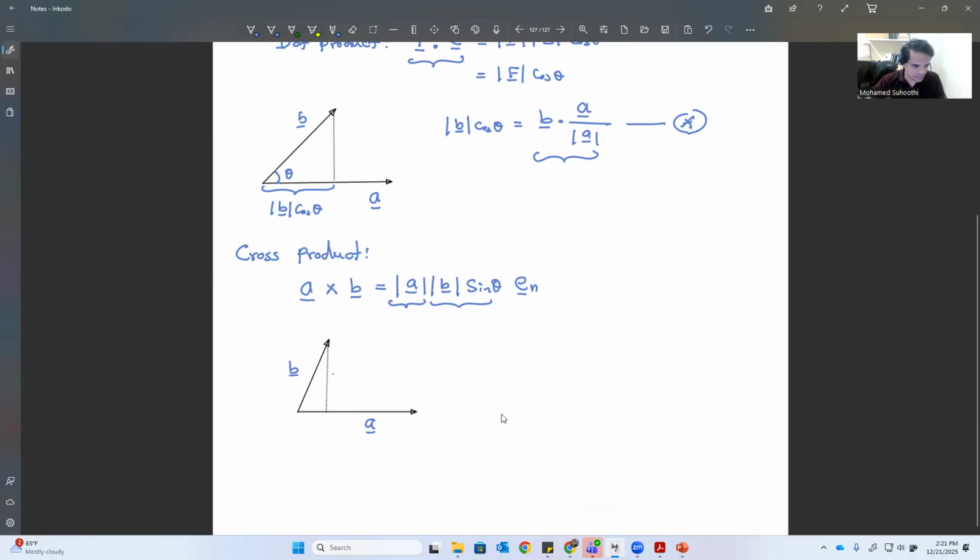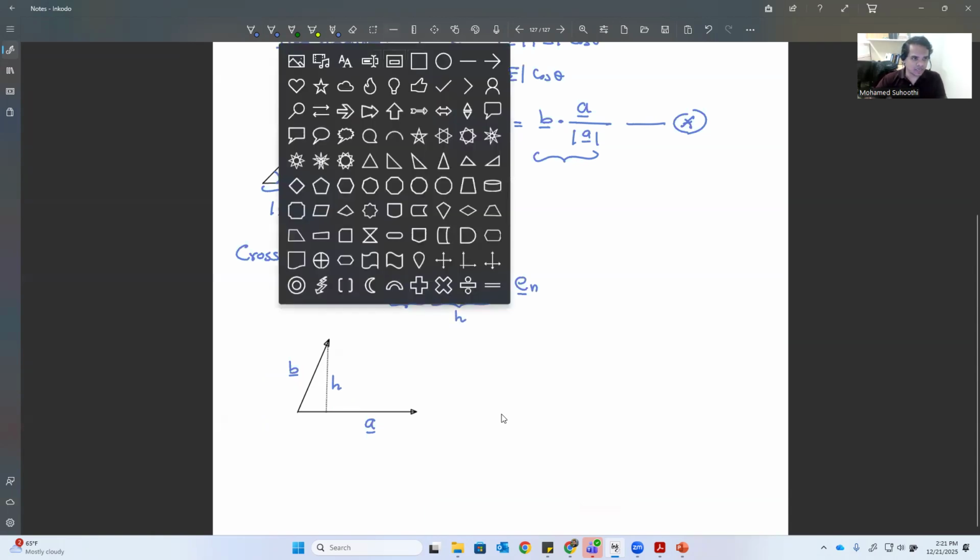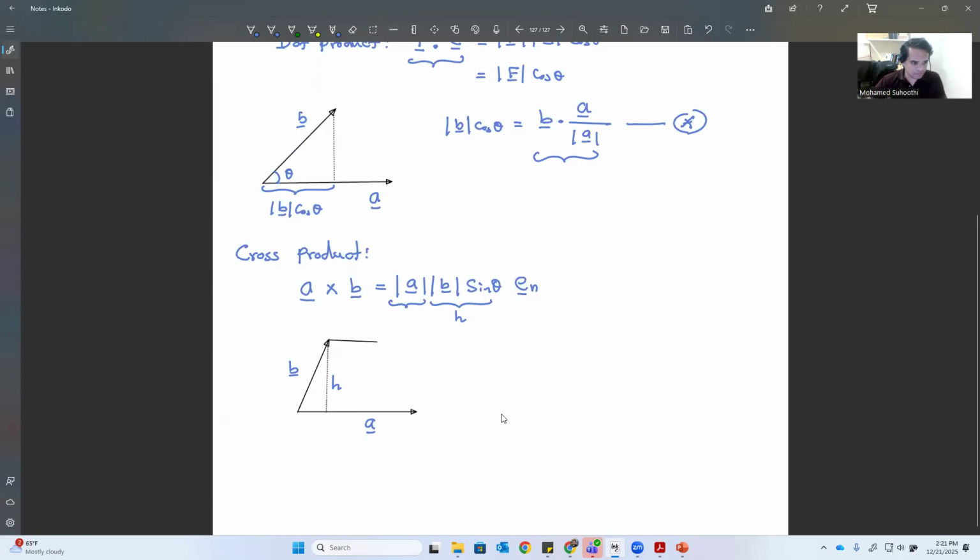Let's say this is H. Now if I complete this parallelogram, you see B sine theta is the height, but this one is the base.